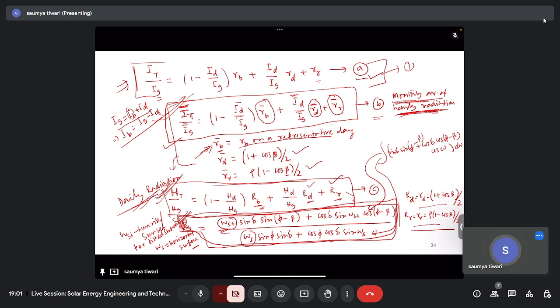Now this is the question. Calculate the monthly average hourly radiation falling on a flat plate collector facing south with a slope of 26 degrees. Given the following data, the location is New Delhi, for which the latitude and longitude angles are given.